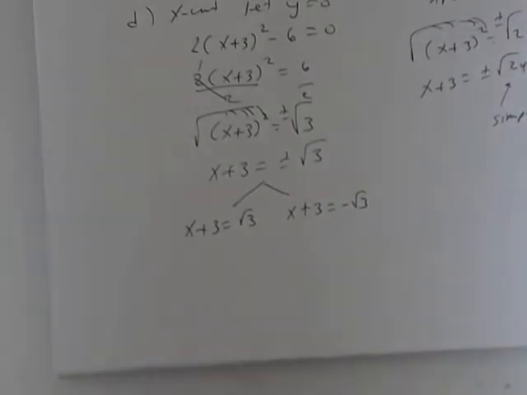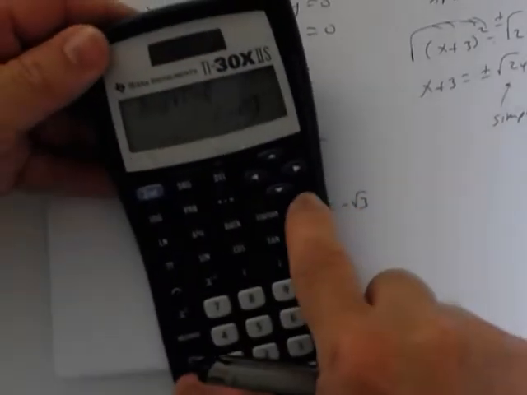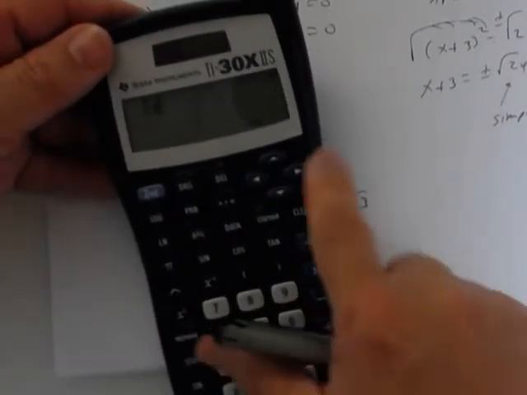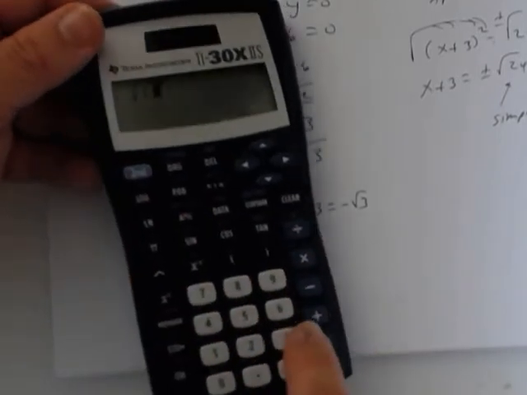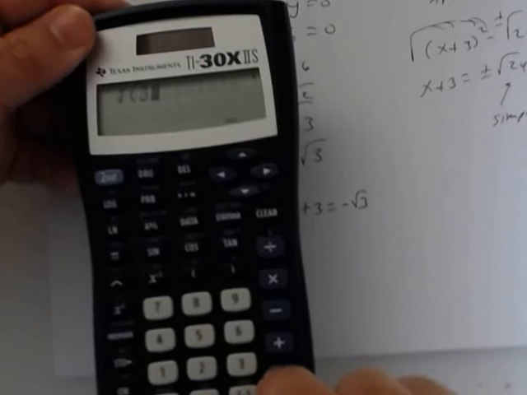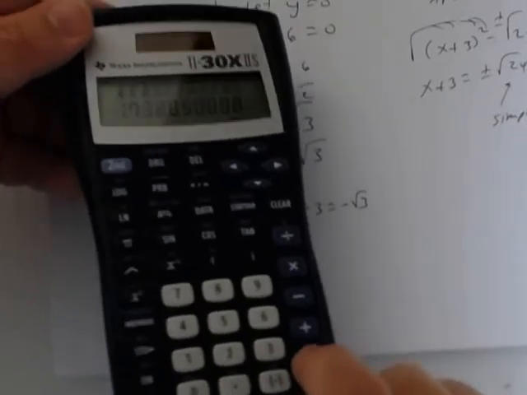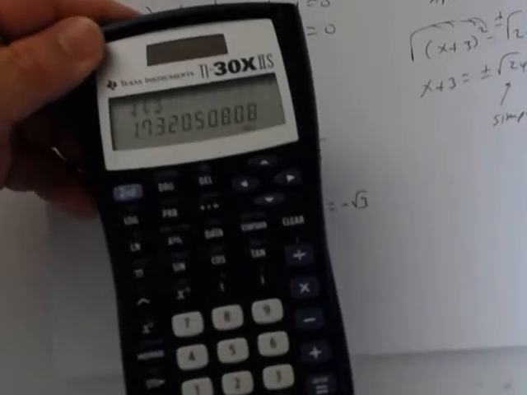All right, so here's what I would do. I would approximate the square root of 3 and just use 1 decimal place, to the tenths place. So on your calculator, approximate the square root of 3. Equals, you got something like 1.8 or something?